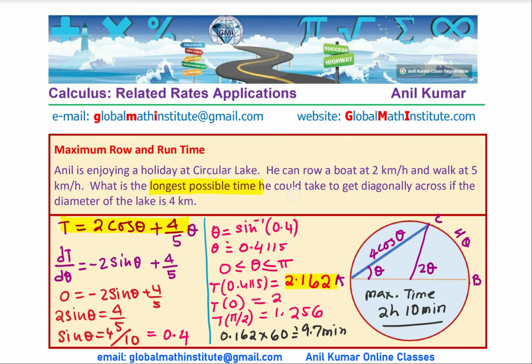We know the 2 speeds, and then to check whether the time is maximum or not, we substituted the critical number and the end boundary conditions into our formula for time and checked the values. So we got the maximum time as 2.162 hours, and converting the decimal part 0.162 to minutes, we got 2 hours and 10 minutes as our answer.